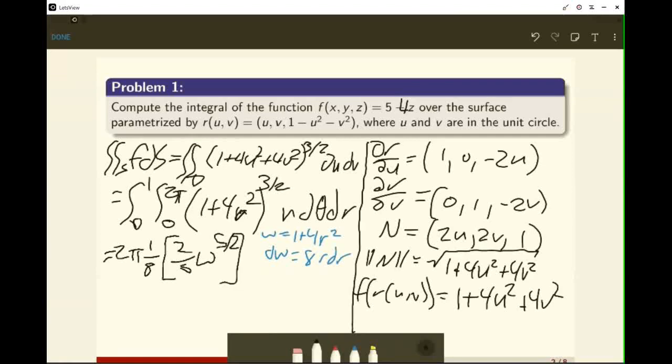And if we look at our bounds of integration, if r is going from 0 to 1, then w is going to go from, sorry, not 0, from 1 to 5.